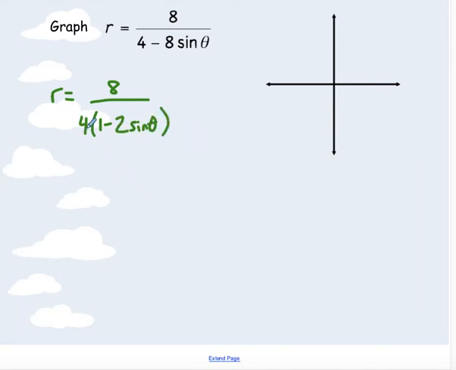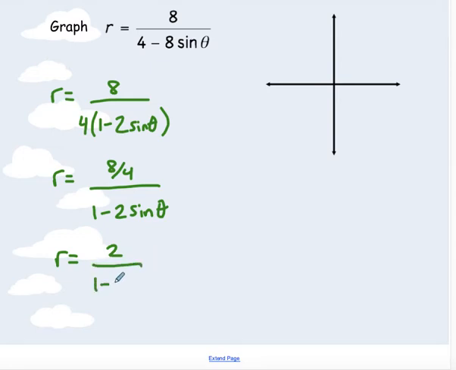Now I can write the 8 on top and the 4 on the bottom as 8/4 on the top, and then 1 minus 2 sine theta. And we know 8/4 is 2. Now this looks more like how our original formulas should look.